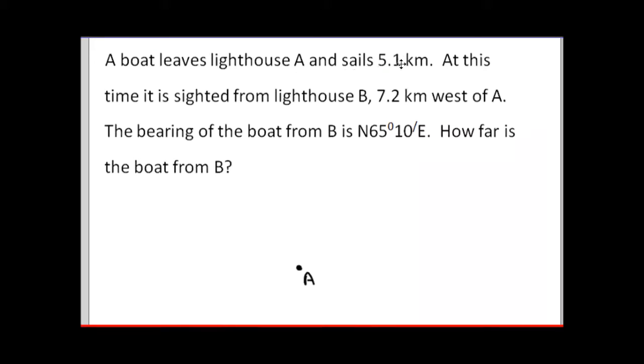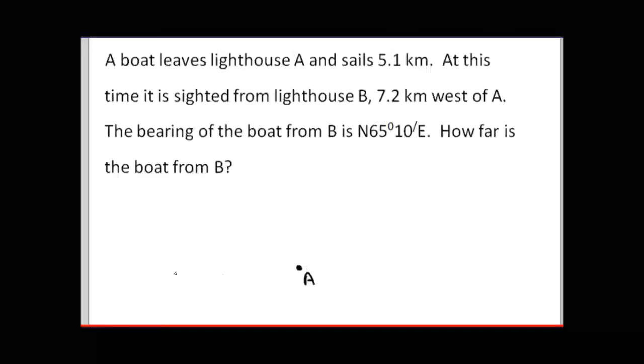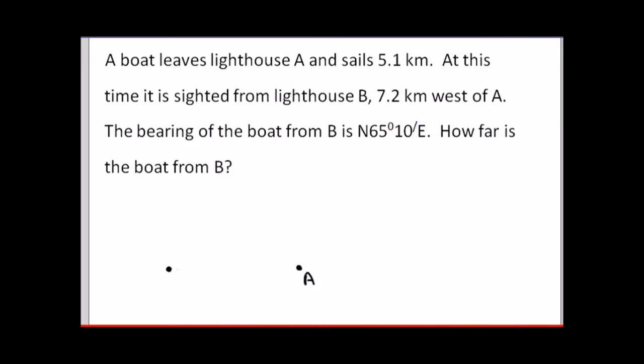But at this time it's sighted from Lighthouse B, which is 7.2 kilometers west of A. So we do know this. If this is A, then B's over here, 7.2 kilometers to the west of A.